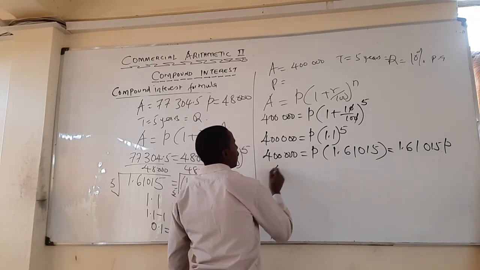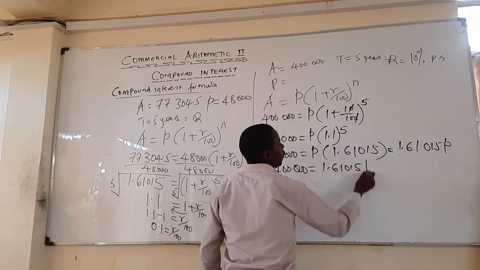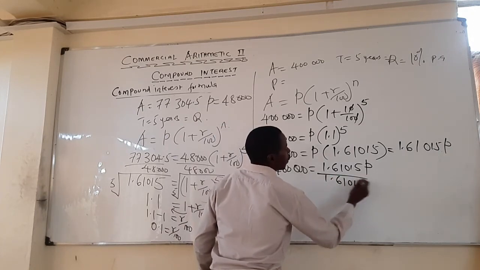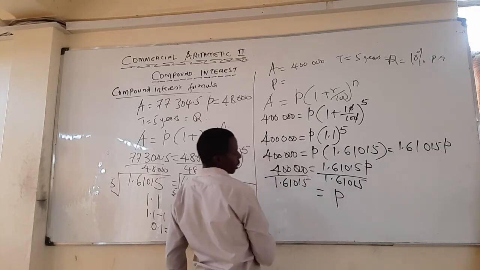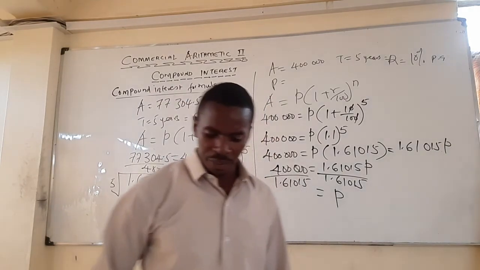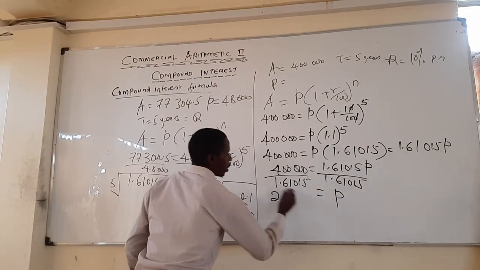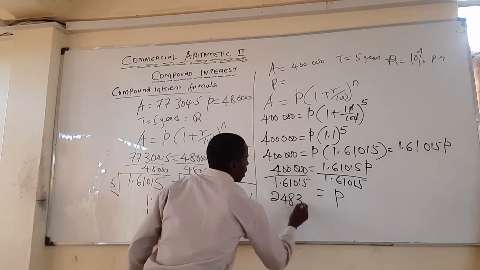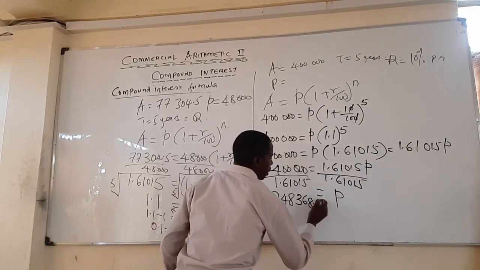So of course, 400,000 is going to be 1.61015P. I want to get the value of P. I divide by 1.61015 on both sides, so that I can be left with the P there. It's going to be 400,000 divided by 1.61015. I have 248,368.50 approximately.